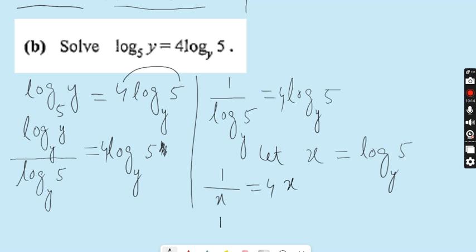So 1 is equal to this x multiplied by 4x, it will be 4x square.